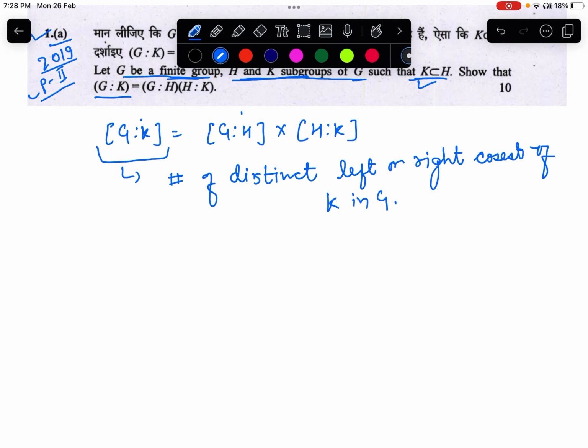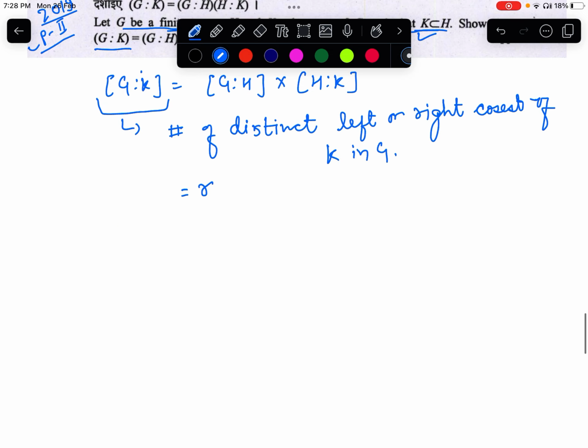Let us assume that the number of distinct left cosets of K in G is R. That means the index of G over K is equal to R. This we have assumed.